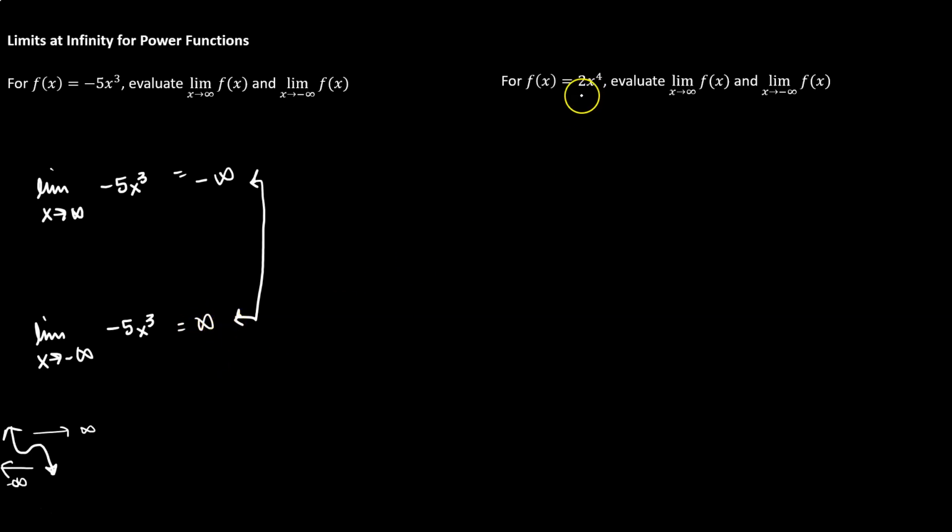What about for a function like 2 times x to the 4th power? Well, we can use our shortcut here to say whatever the limit is when x goes to positive infinity, it should be equal to the limit when x goes to negative infinity. Well, if we think about x to the 4th, the bigger number we plug in, the bigger it gets.